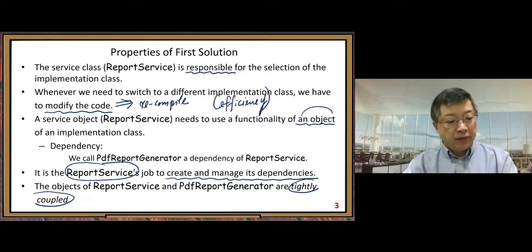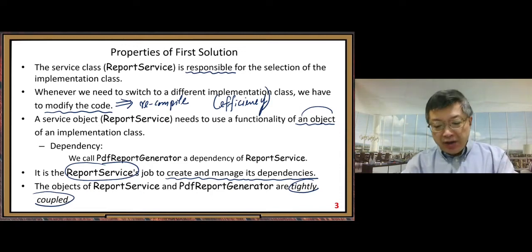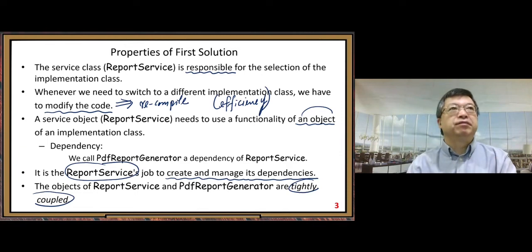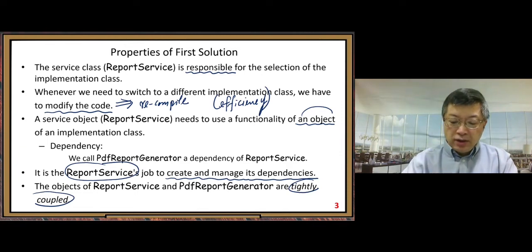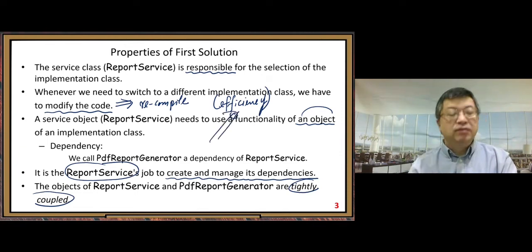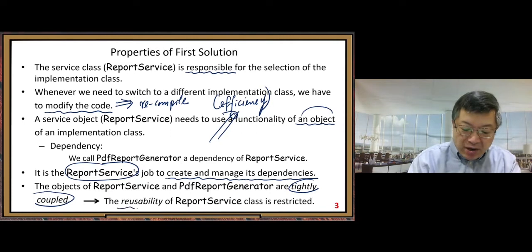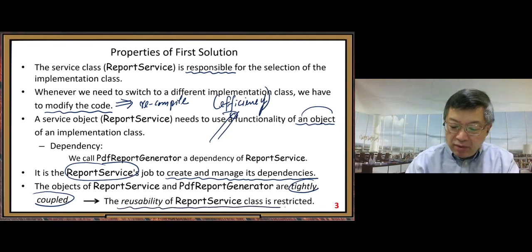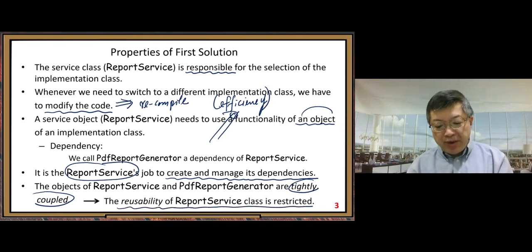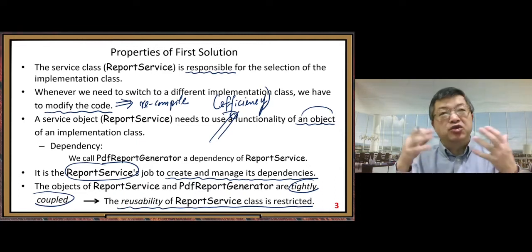This tightly coupled property causes an efficiency problem, and more specifically the reusability problem. Reusability of the report service class is restricted.